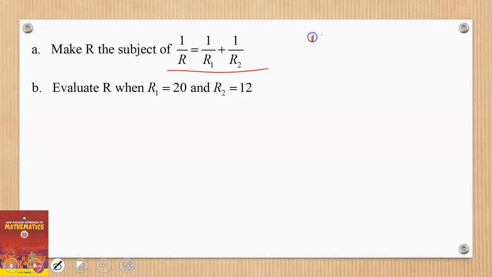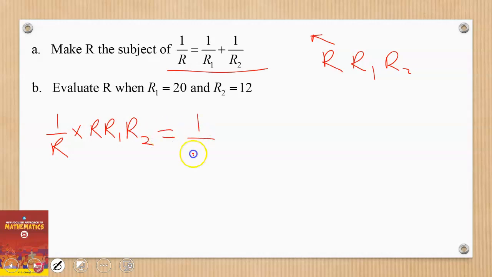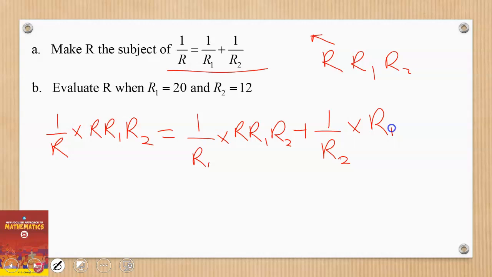And our LCM will be the R itself, R1, and then R2. So we multiply through by the LCM. And so we can have 1 over R times R, R1, R2. This is equal to 1 over R1 also times R, R1, R2 plus 1 over R2 times R, R1, R2.